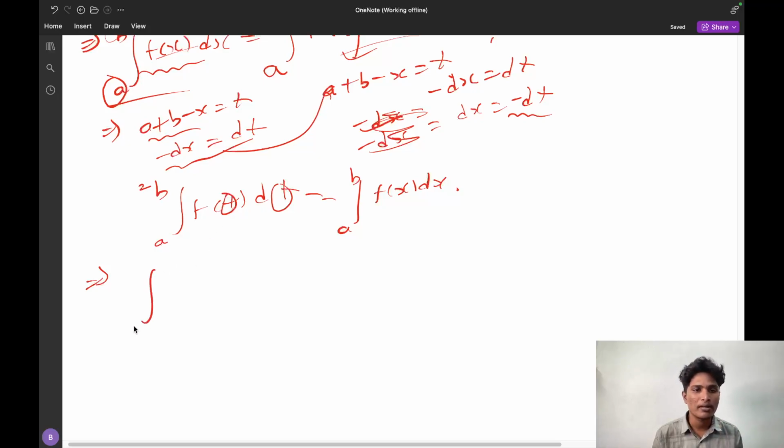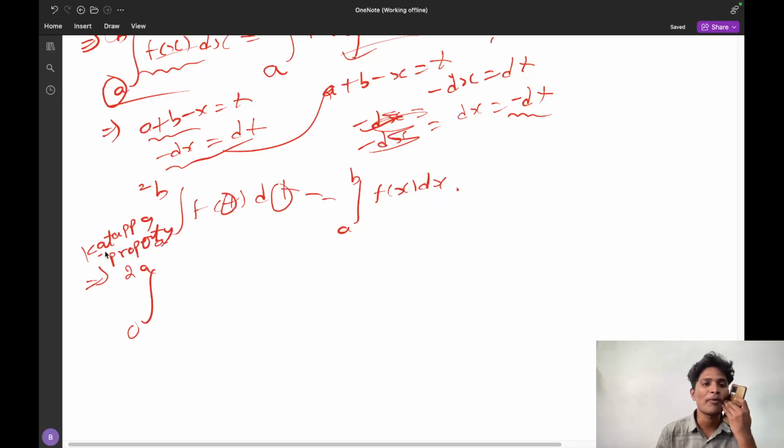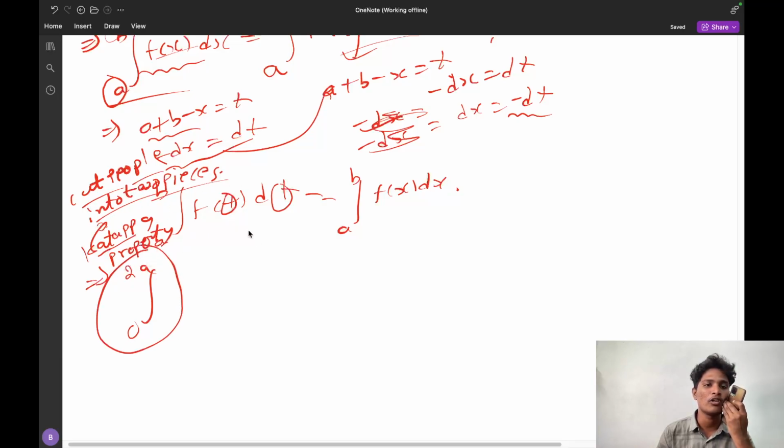Now another property, 0 to 2a. This is a Katappa property. What will Katappa do? Katappa will cut people into two pieces. Like that only the integral is cut into two pieces.